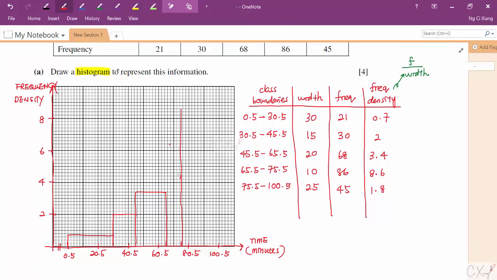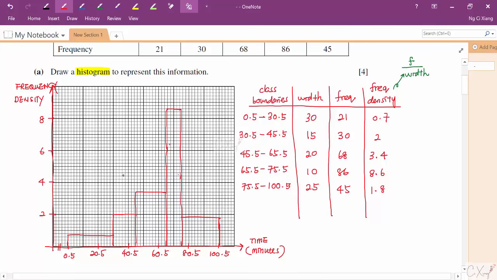The line should be from here. Then this is the fourth class already, and the fifth class will be from 75.5 to 100.5, and the height is 1.8. So the 1.8 will be here. Generally, this is what we have for our histogram.